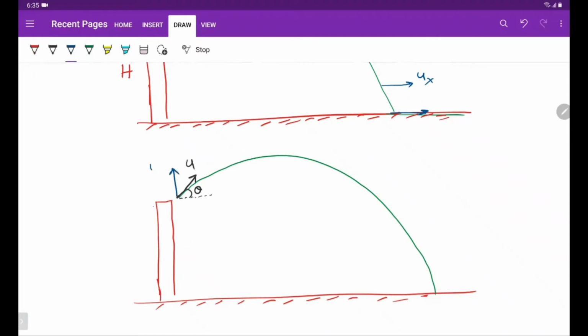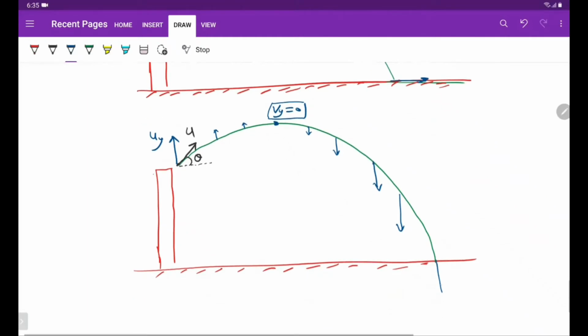Initially, as time increases, Uy decreases, and at the topmost point Vy is 0. After that, as time increases, the vertical component increases, and finally it hits the ground with the highest speed.